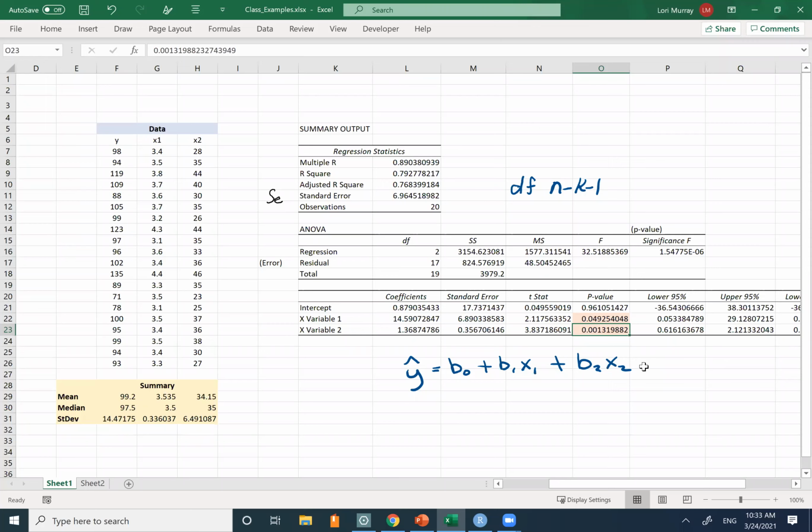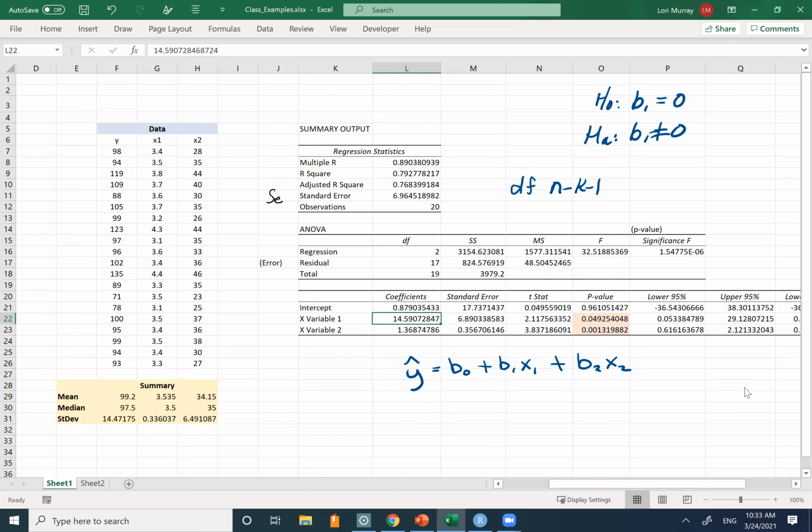We are testing the null hypothesis that the coefficients equal 0 versus they do not equal 0.